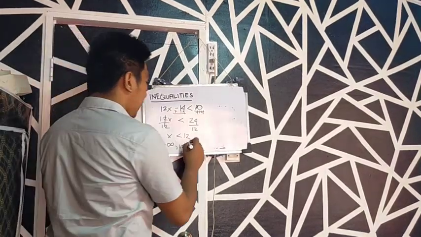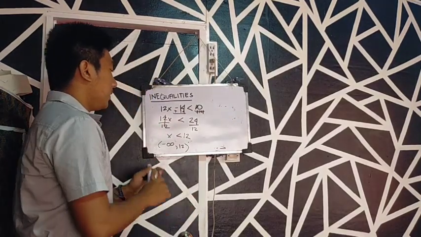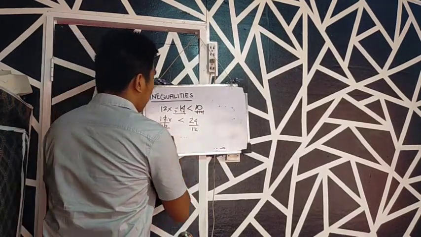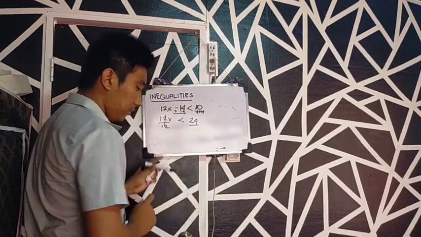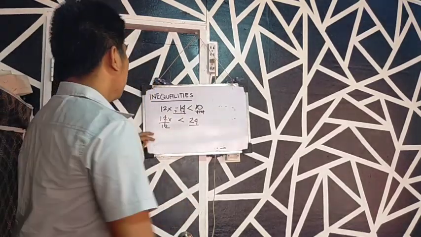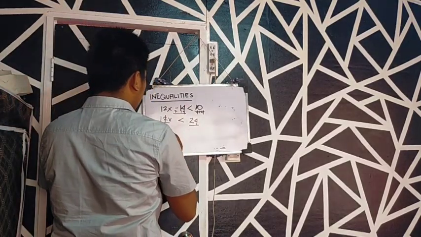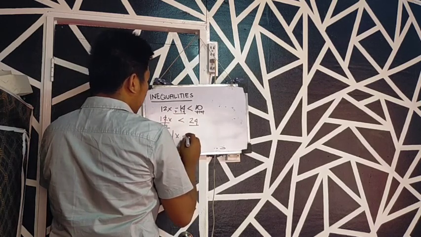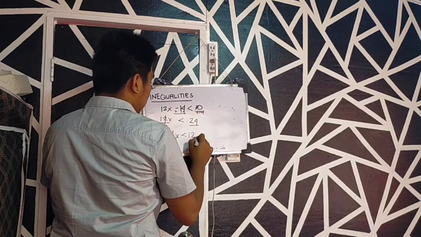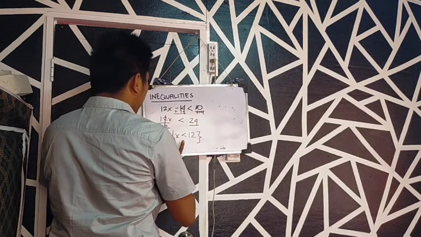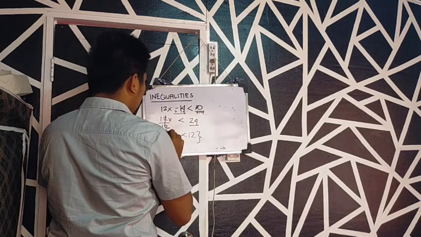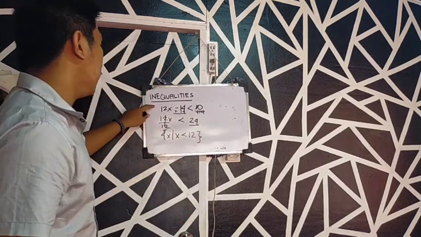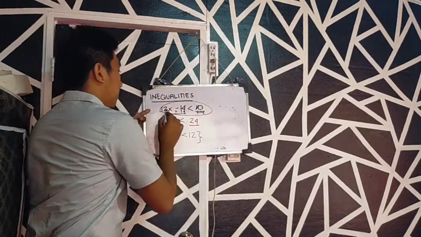This is the interval notation. Then I will show you the set builder notation. The set builder notation for this problem is x such that x is less than 12.